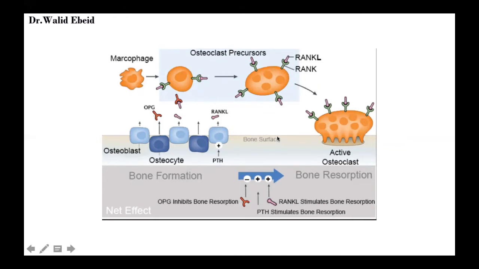For example, parathormone stimulates the osteoblast to produce more rank ligand and hence enhances bone resorption. Whereas estrogen, for example, inhibits the rank ligand production, thus inhibits bone resorption. And once the estrogen drops after menopause, then the bone resorption just increases.